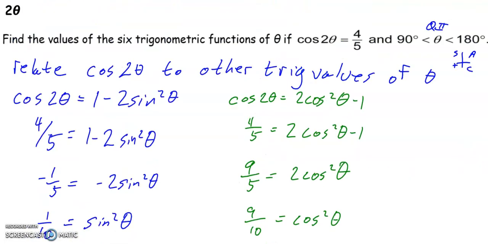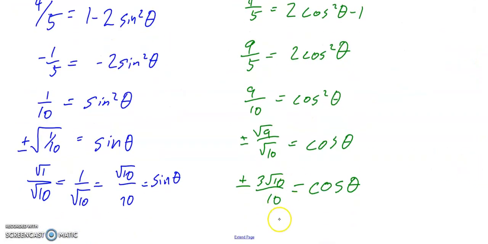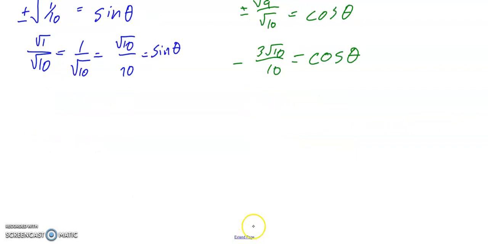Now when we go back to the top, we said we're in quadrant 2. Only sine and cosecant are positive in quadrant 2, so my answer has to be negative. Well, it said find all 6. I've got sine, I've got cosine.